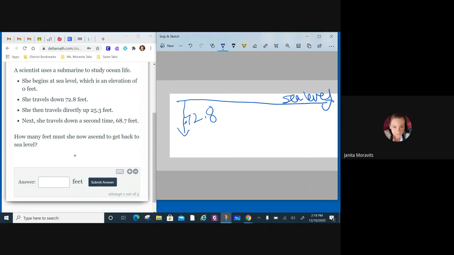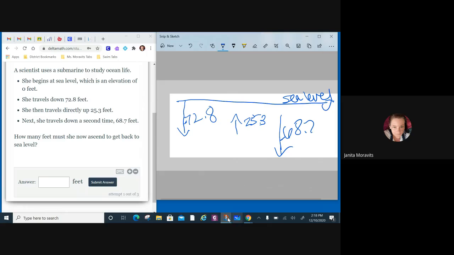Then from that same place, she goes up a little bit here, but she goes up 25.3 feet. And then from that point, she goes back down again 68.7 feet. All right. Now, so she went down, then she went up, and then she went back down.